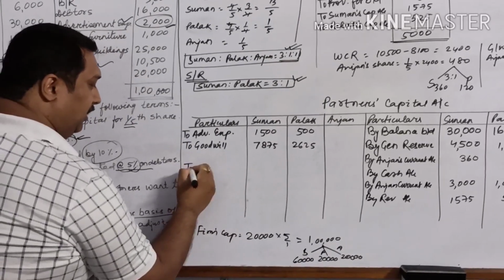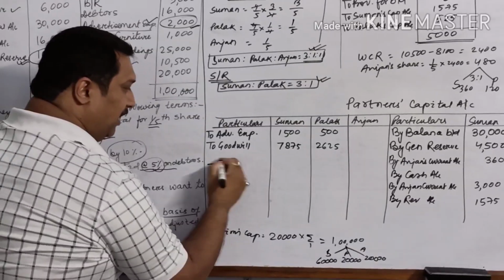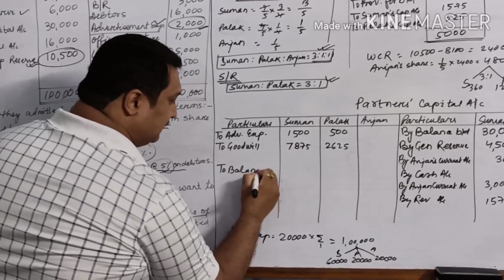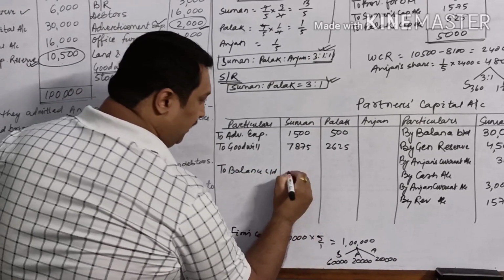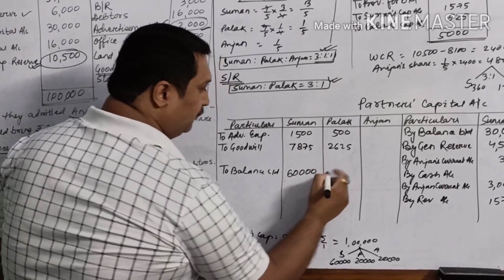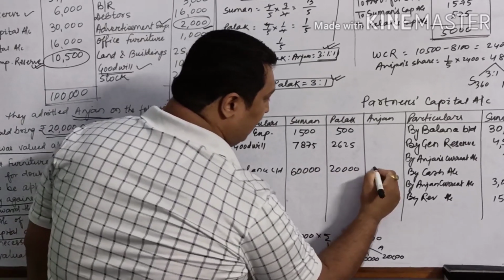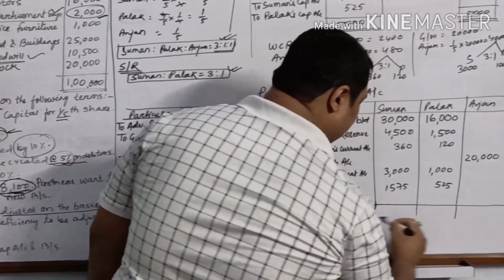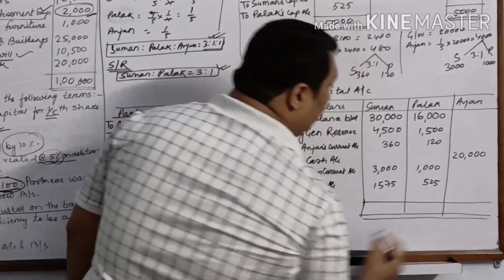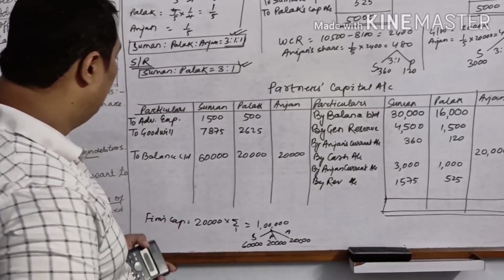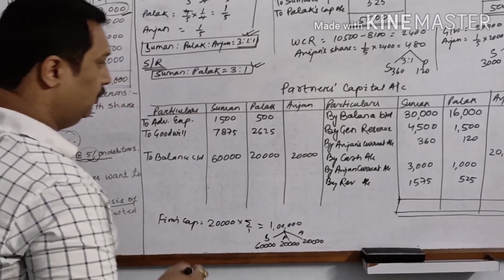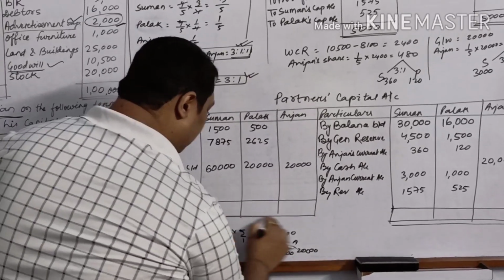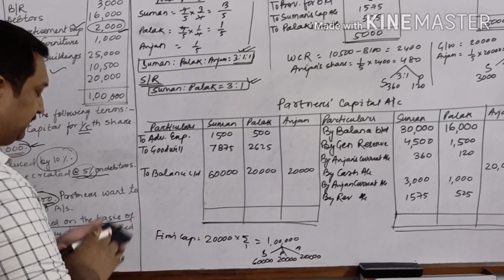As I had told you earlier in the example, we will leave one line to write the difference, and then we will write two balance carried down. We will write 60,000 for Suman, 20,000 for Palak and 20,000 for Anjan. Now we will balance the capital. Suman's, which side seems a greater total? You can see over here the credit side seems more, because one item itself is of 60,000.